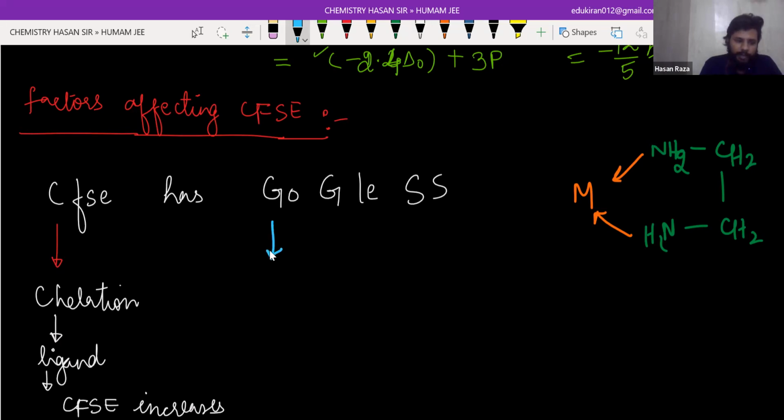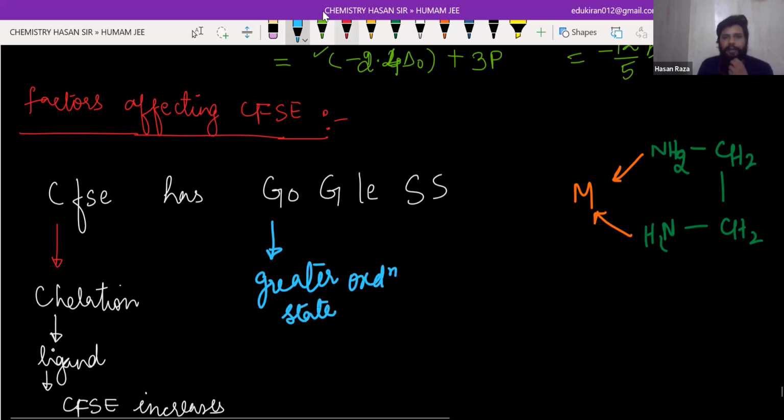G, here capital G stands for greater oxidation state. If in a complex the central metal atom has a greater oxidation state, that means it will have more CFSE.